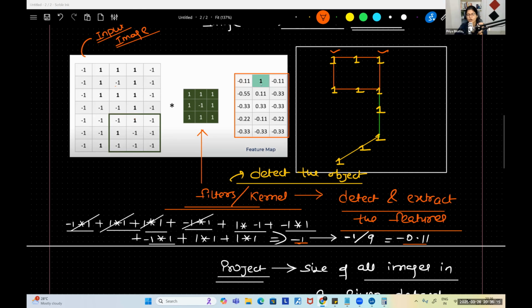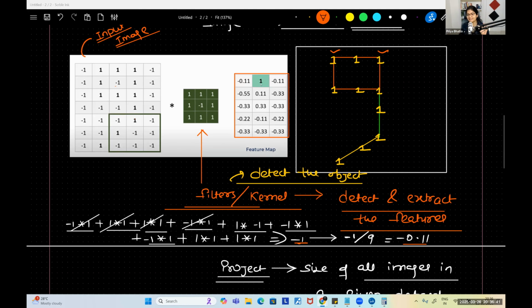Your kernels will always be a smaller quantity, right? So the filter will always be a smaller dimension because it tries to detect with respect to individual input values what the final outcome is. That's why we always take the filter on top of the input image and the computation is done accordingly. Is it fine? Shall we move ahead?